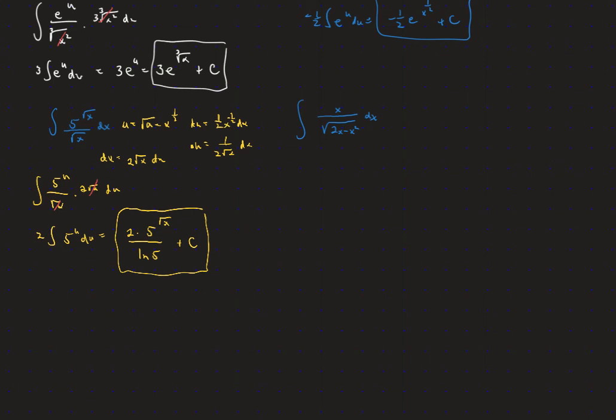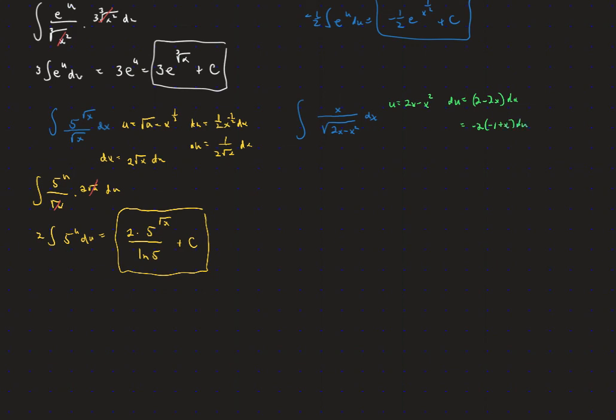Now this one, we'll start by exploring a little bit and say maybe u can be the whole inside of the radical. That would make du be 2 minus 2x dx. And if we factored out maybe a negative 2, that would be then a negative 1 plus x du.